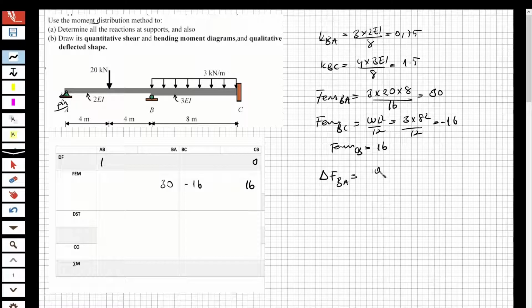So 0.75 over 1.5 plus 0.75, and this is going to be equal to 0.333. And the distribution factor for BC is 1 minus 0.333, it's going to be 0.667.